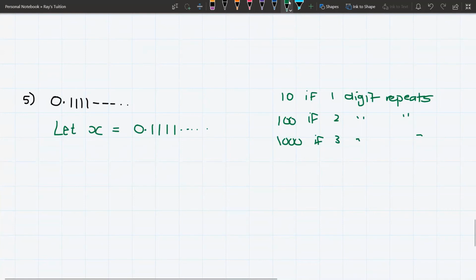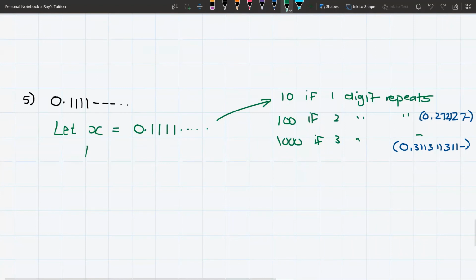You can keep on going. So something like 0.111 would be in the 10 case, but if you were dealing with something like 0.27272727, then 2 digits are repeating. If you had something like 0.311311311, on and on and on, then you have 3 digits repeating. So depending on how many digits are repeating, you're going to multiply it by either 10, 100, or 1,000.